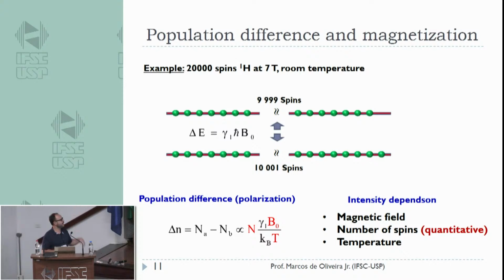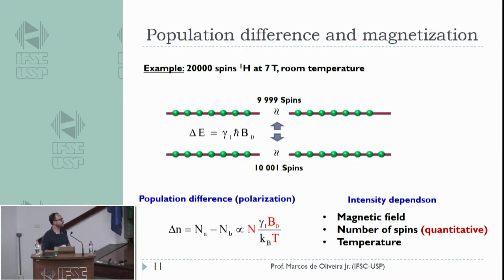But for NMR, this difference in energy is so small, much smaller than in the case of EPR, that we have very few spins, a very small difference of population in the upper state and the bottom state here. Then if we take an example here, for 20,000 spins, we have a difference of only 2 spins, giving our net magnetization. That's what we can measure.